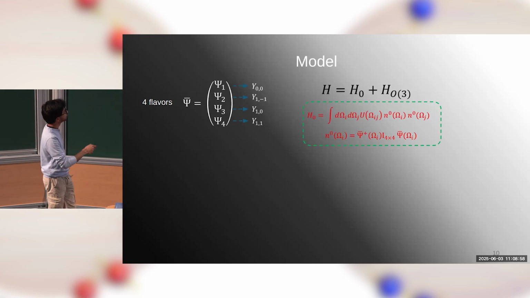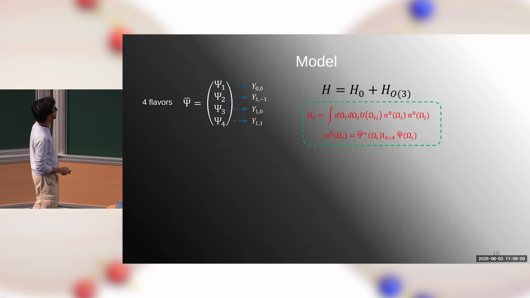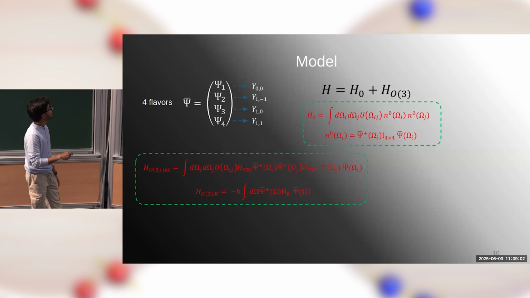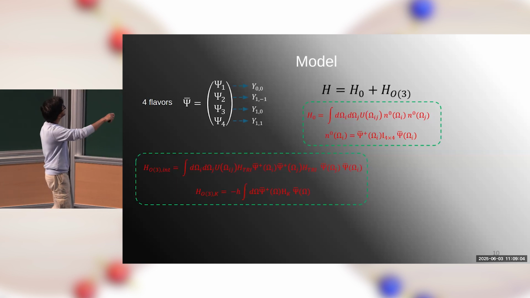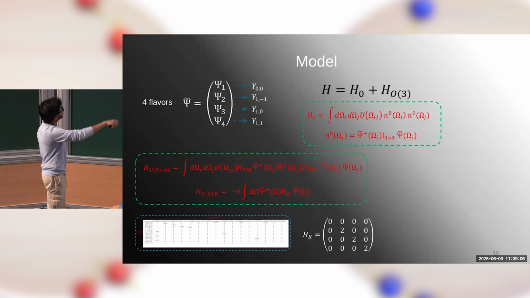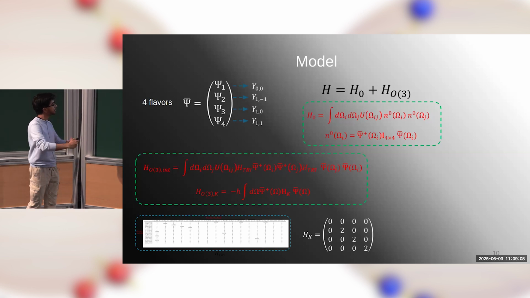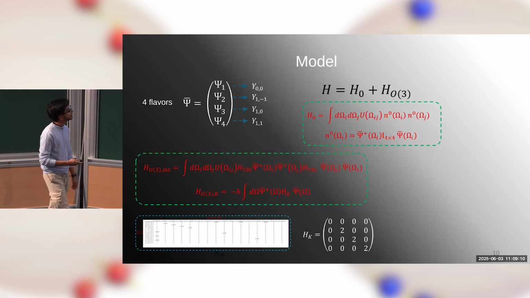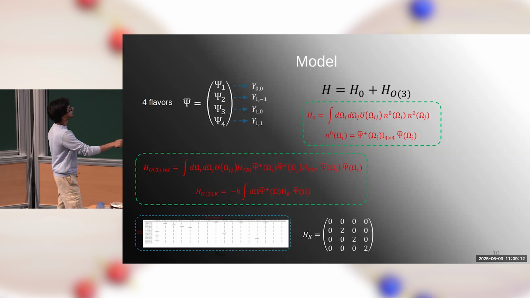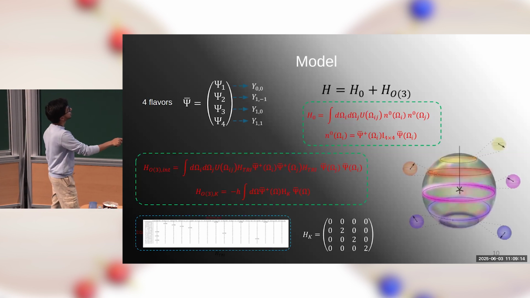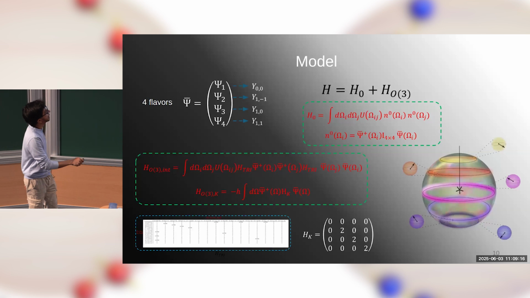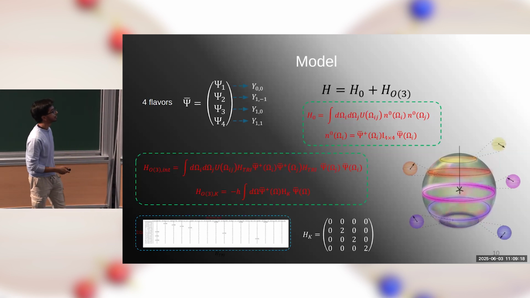Then the O3 has 2 parts, the interacting and the kinetic part, the same table that I have shown below. The kinetic part is like a transverse field between s and p orbitals. Then you put them on the fuzzy sphere, so each momentum orbital gets 1 rotor, and you have 1/4 filling.